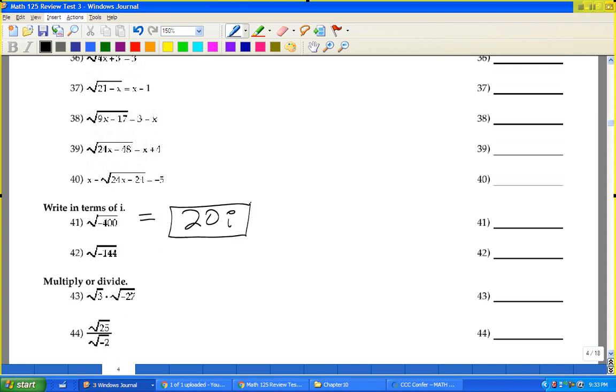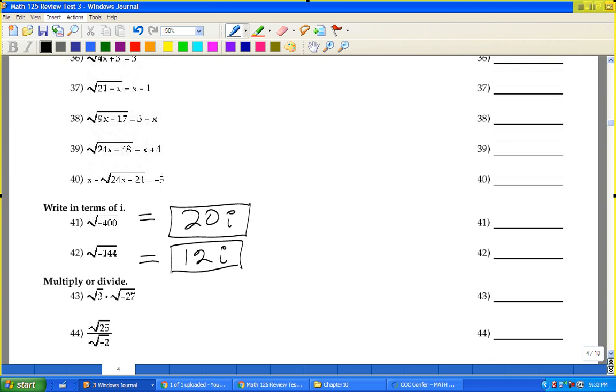And that is your answer. 42. The square root of a negative 144. Well, the square root of 144 is 12. Therefore, the square root of a negative 144 is 12i. And that is your answer.